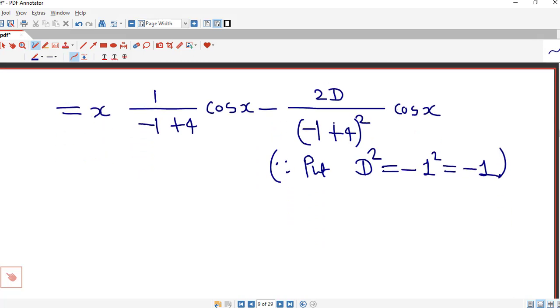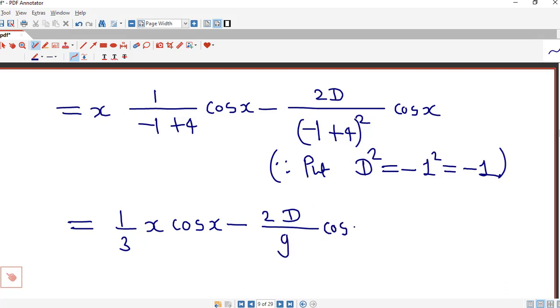And now we simplify further. Here we will obtain 3. So we have constant 1 by 3 into x into cos x minus, this is going to be 2D divided by 4 minus 1, 3 square, that is 9, cos x.